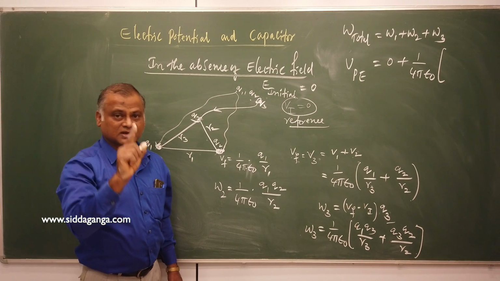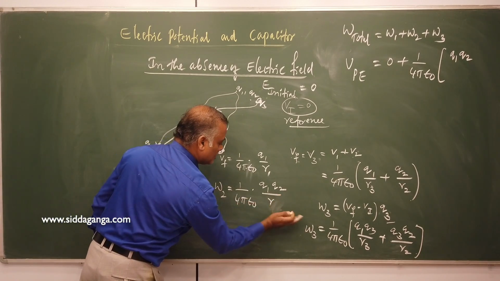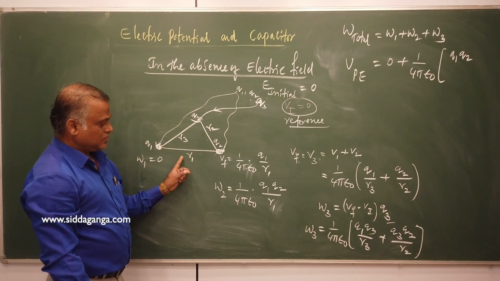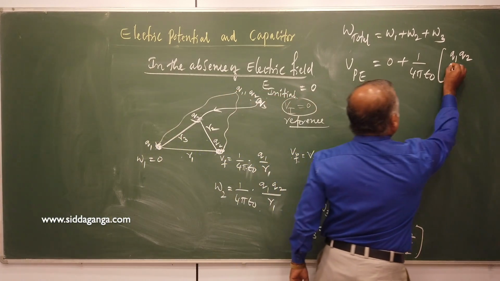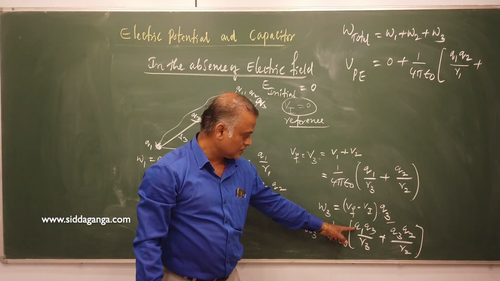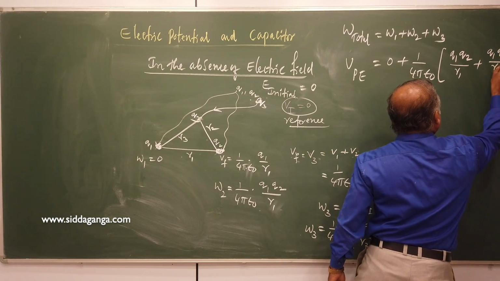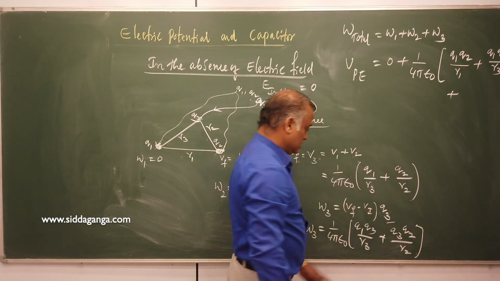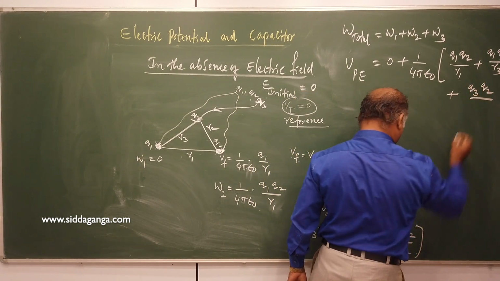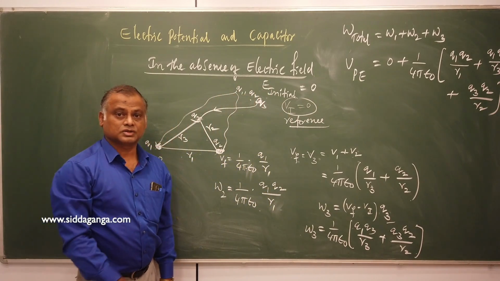I jump one step over here. Sorry, for this it is R1. No mistake. Q1 Q2 by R1, plus what is the second step? Q1 Q3 by R3, plus what is the last step? Q3 Q2 divided by R2. I think you understood this.